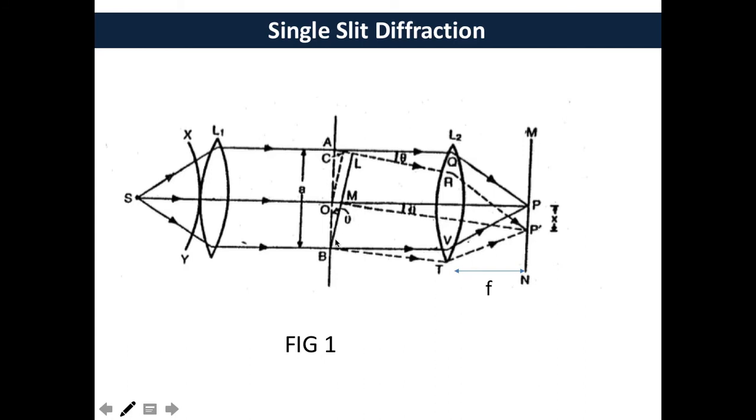The wavelength is lambda because if we consider the two halves OA and OB, it means lambda by 2 and lambda by 2. It's two parts, right? Lambda by 2 and lambda by 2.